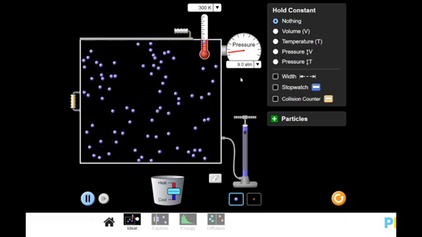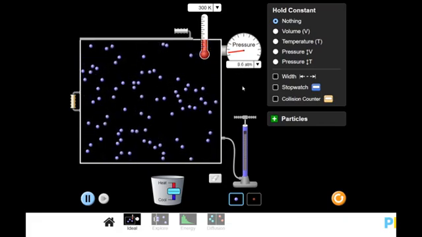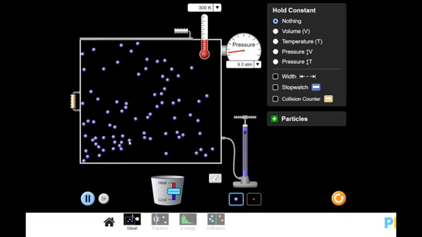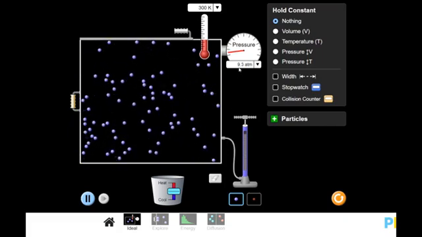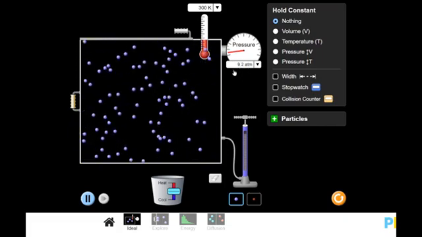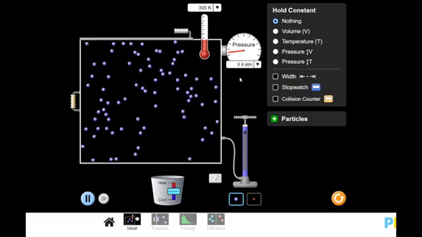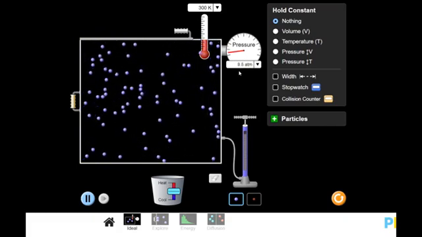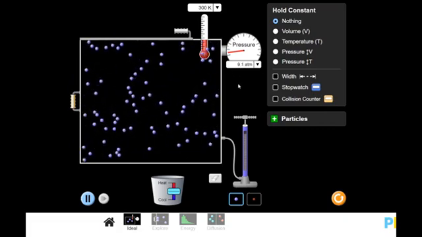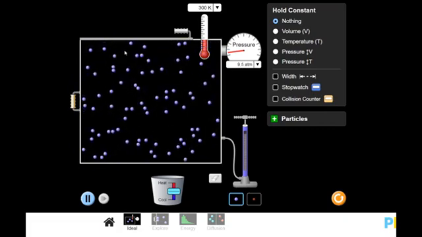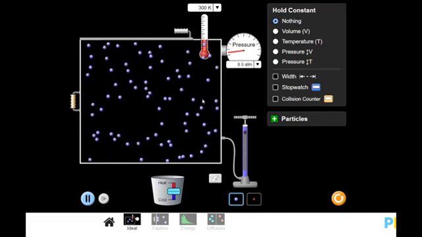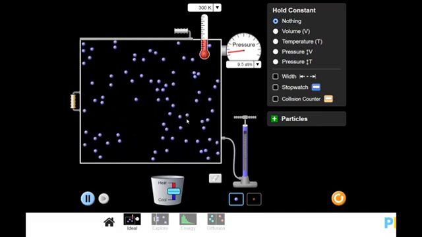And what I want you to notice here is that by adding these particles, and we can see how they are moving around, I have a pressure inside of this container of about 8.7 to 9.5. And that pressure is related to the force of striking on the container.